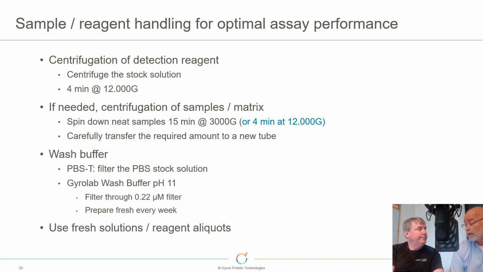Or if you're in a relatively low throughput lab where you're not using the buffers regularly, then you want to make sure you have fresh buffers. Yeah, that's important. If you look after your system, it will look after you. Exactly, that's a good mantra to keep in mind.